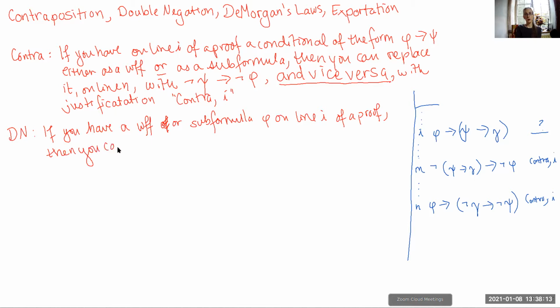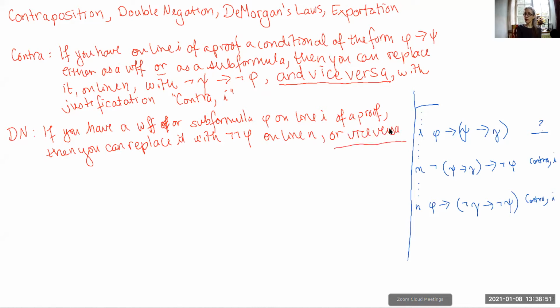If you have a well-formed formula or subformula phi on line I of a proof, then you can replace it with not not phi on line N, or vice versa.